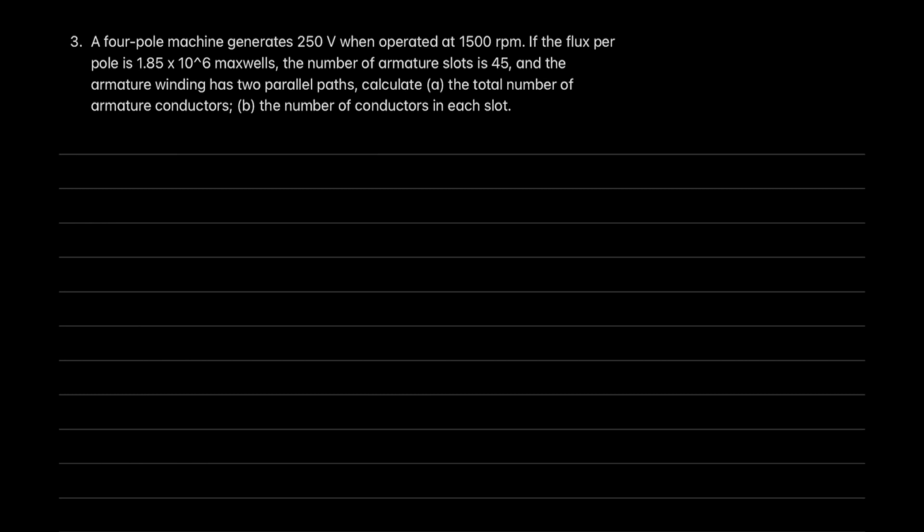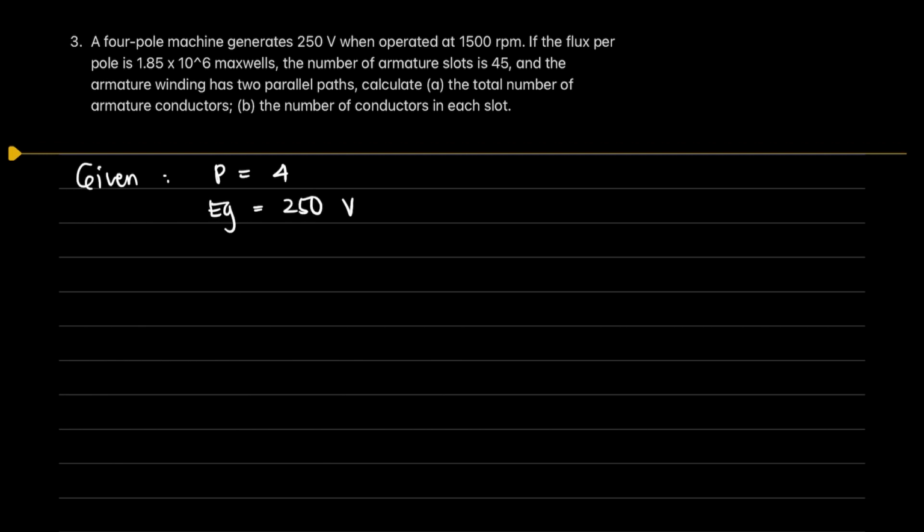So if we're going to list down the given parameters here, we have number of poles is 4. The generated voltage is given to be 250 volts at speed of 1,500 RPM.